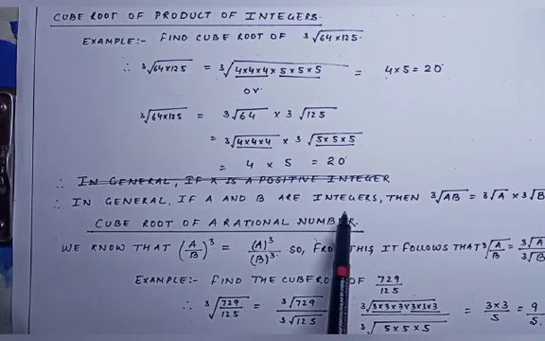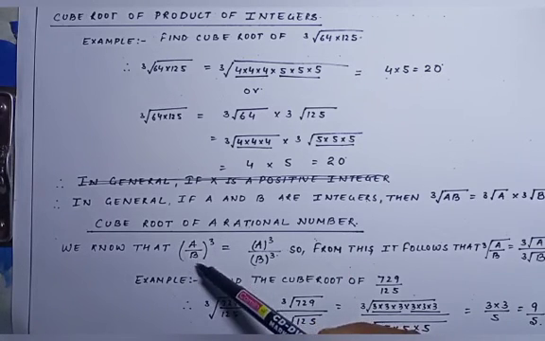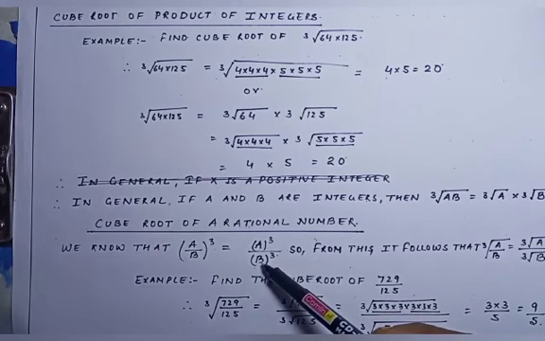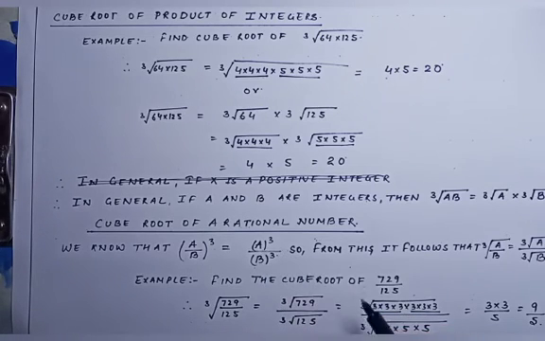As we know, a upon b, to the whole power 3, can be written as a to the power 3 upon b to the power 3. Again we are separating the terms. So from this it follows that cube root of a upon b can be expressed as cube root of a upon cube root of b. So in this manner we are going to find the cube root of a rational number.